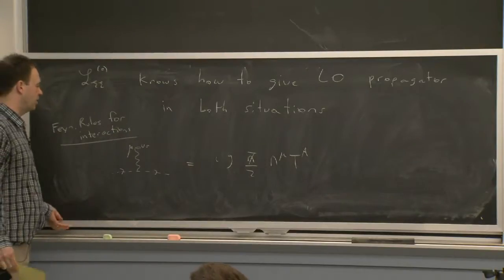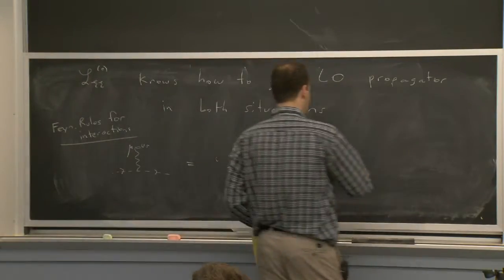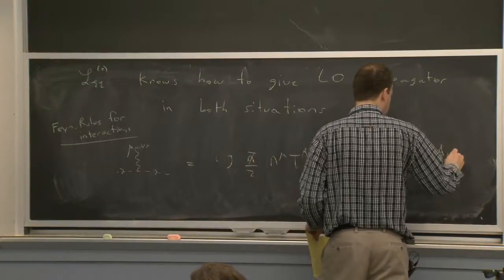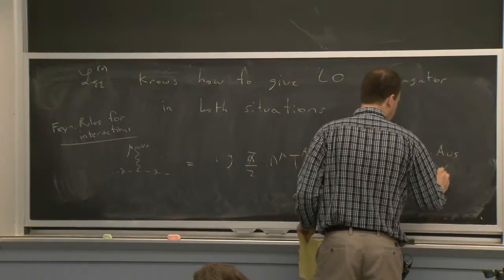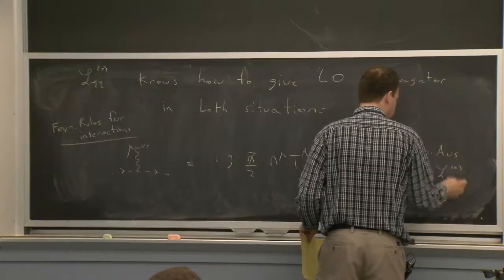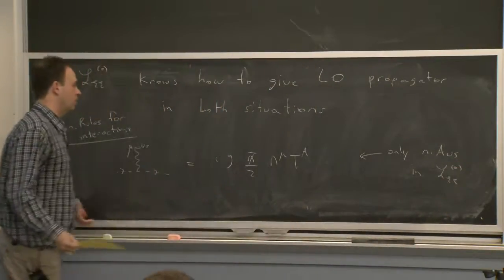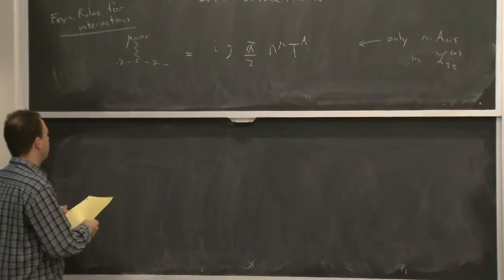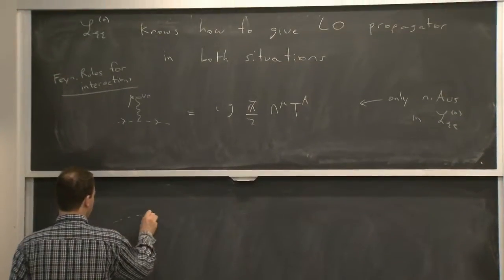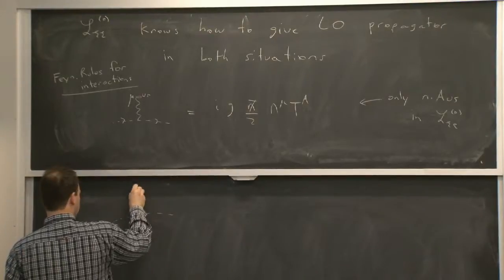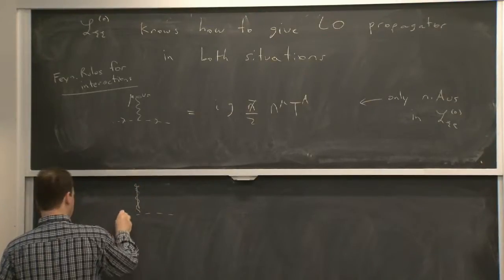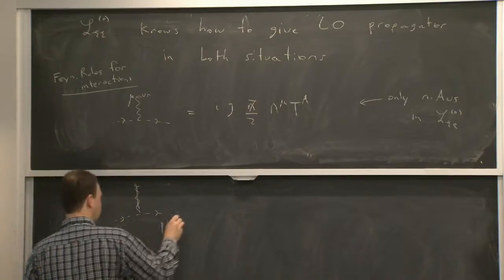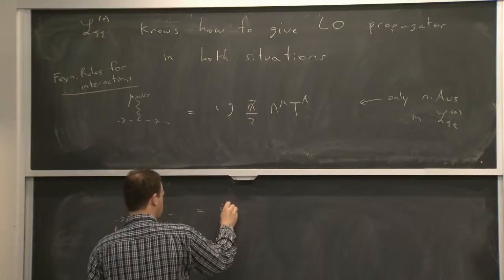All the other ultrasoft fields got dropped. So there's only n dot A ultrasoft in the leading order Lagrangian. And so there's only one term. Things are a little more complicated for the collinear. And this is the price that we pay for setting up the notation the way we did. So this one here has all terms.